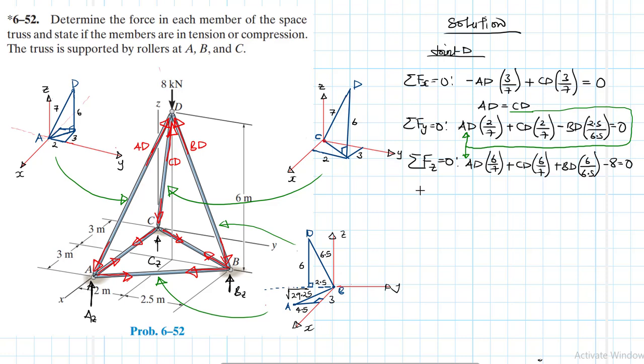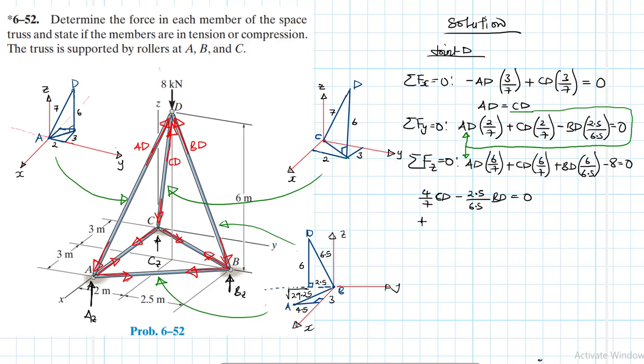When we do so and work out those equations, the first one will give us 4 over 7 CD minus 2.5 over 6.5 BD equal to 0.